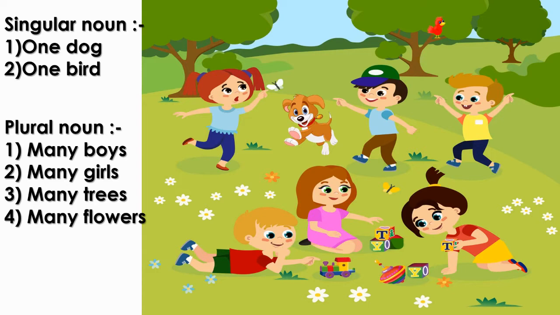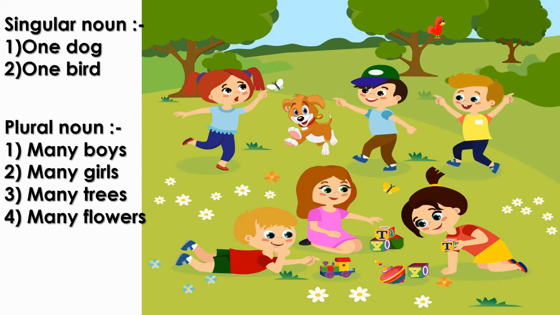Now next, how many boys can you see? Yes, absolutely correct. There are 3 boys. Number of boys is more than 1. So, it is a plural form of noun.